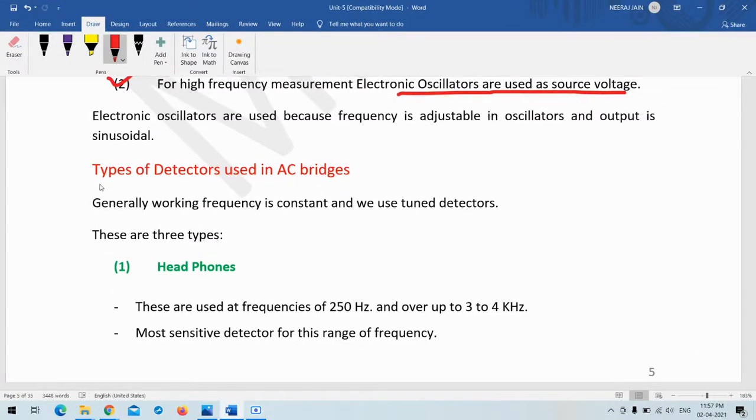Now the types of detectors used in the AC bridges. Generally the working frequency is constant and we use tuned detectors in AC bridges. There are three types of detectors generally used. First is the headphone.